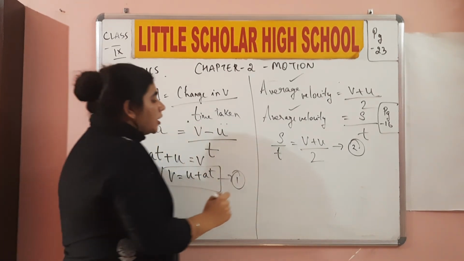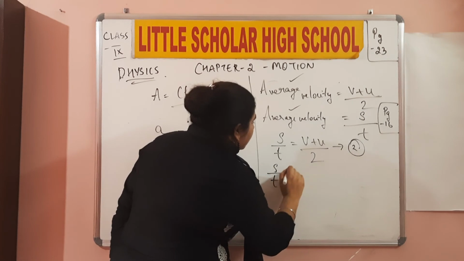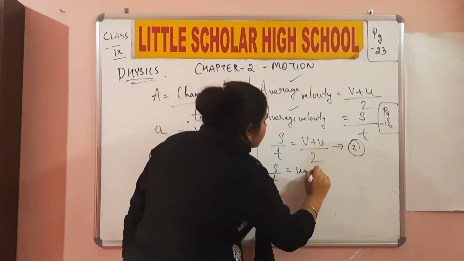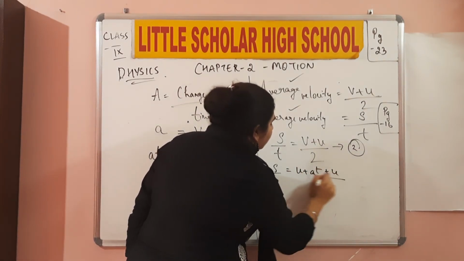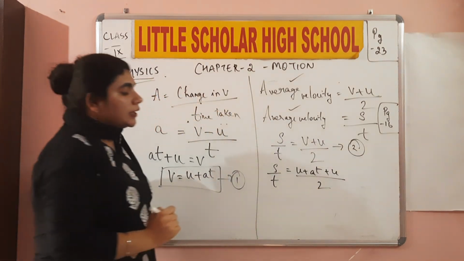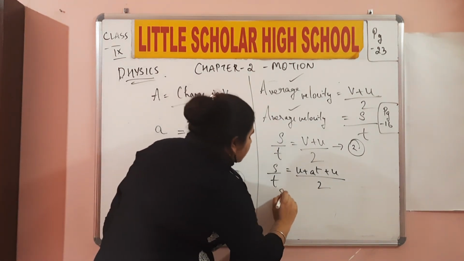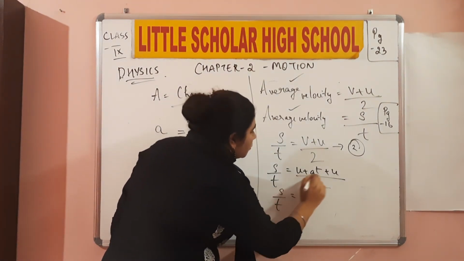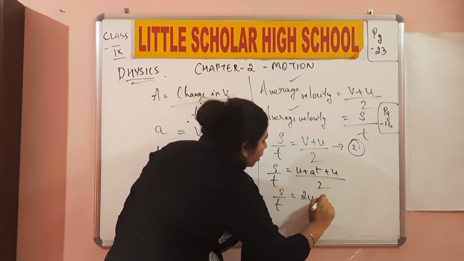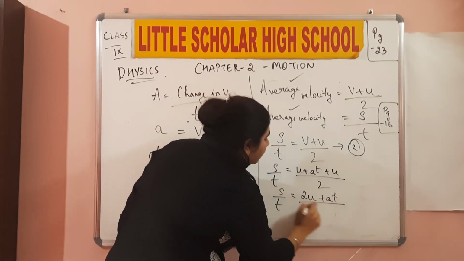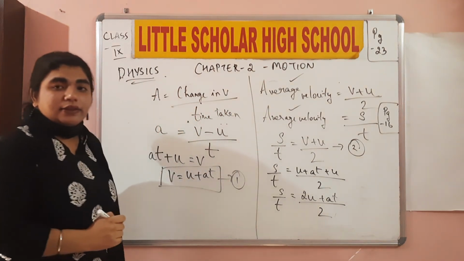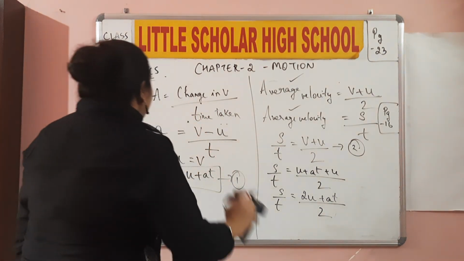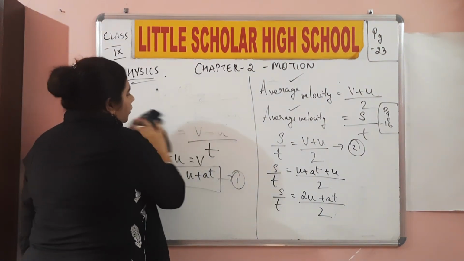So S by T is equal to U plus AT plus U by 2. Everybody clear till here? Next, S by T is equal to U plus U, which is nothing but 2U, plus AT, by 2 again. Everybody clear till here? Next, we need to look at the left hand portion over here.